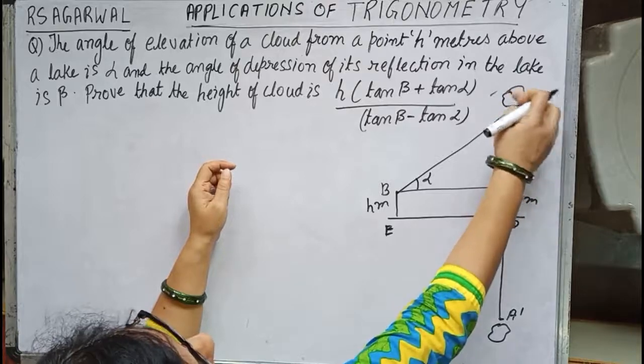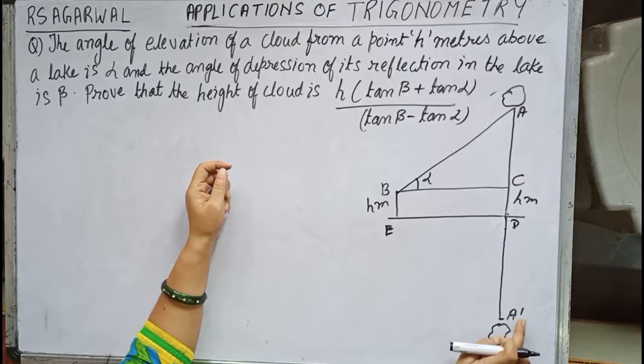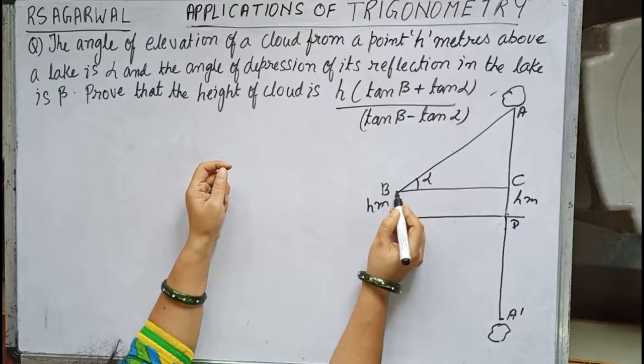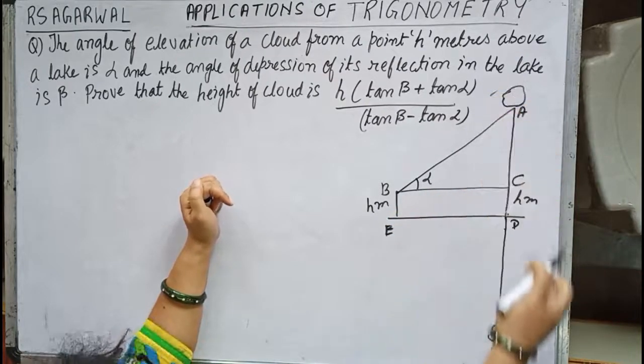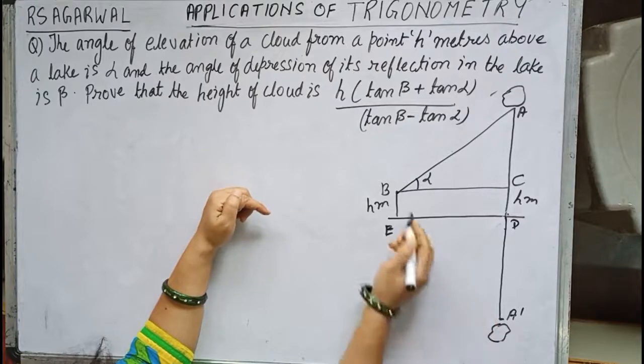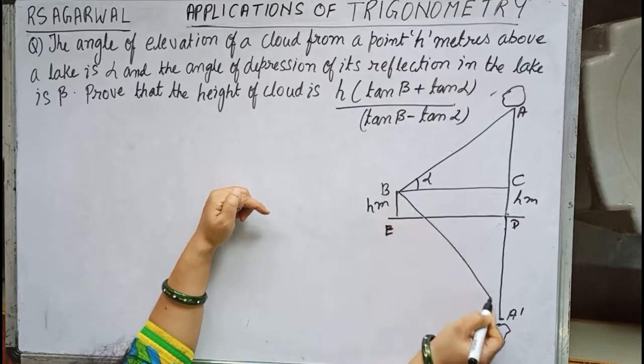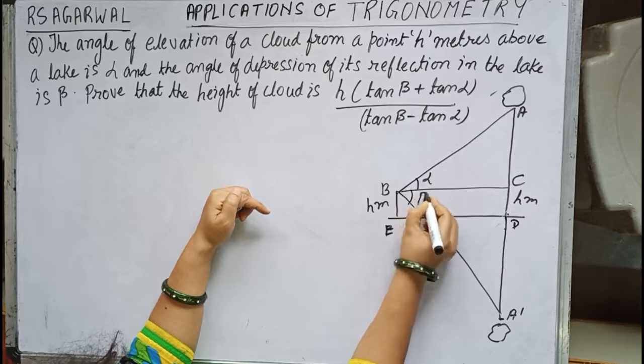The reflection of this cloud is now in the lake at A dash. The person at position B observes the reflection of this cloud in the lake at A dash, making an angle of depression of beta.